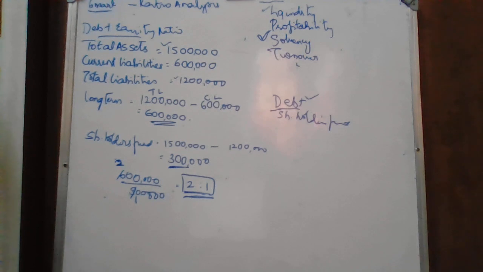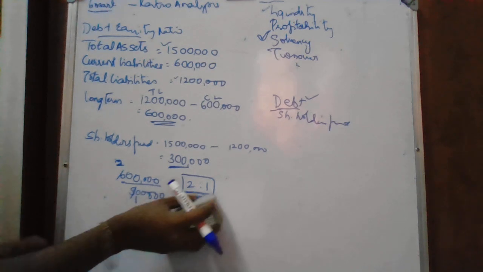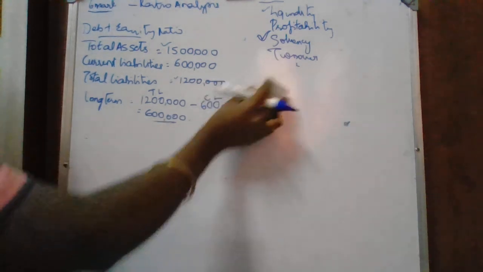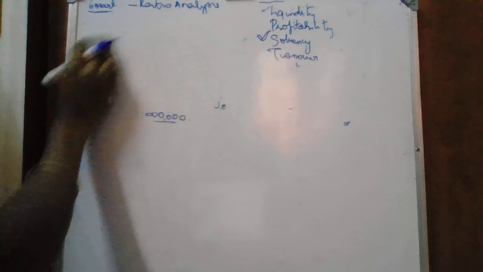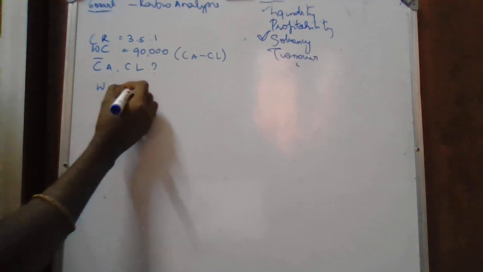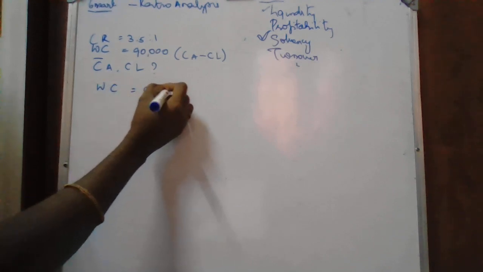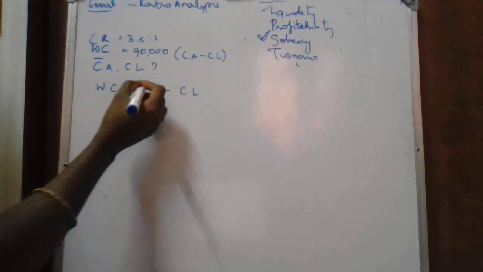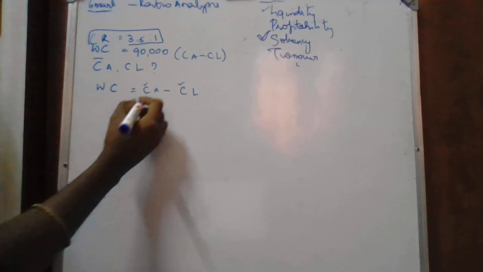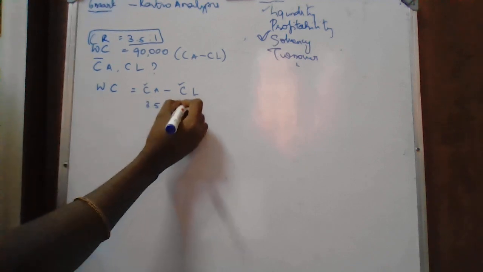We shall see one problem with respect to giving working capital. Working capital is current asset minus current liability. Now we have working capital of 90,000. You don't know what your current asset and current liability are, but the current ratio is given as 3.5:1.